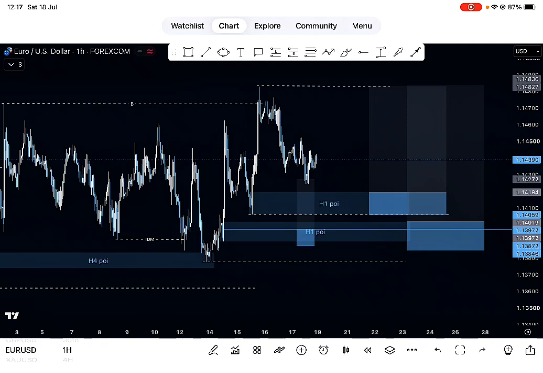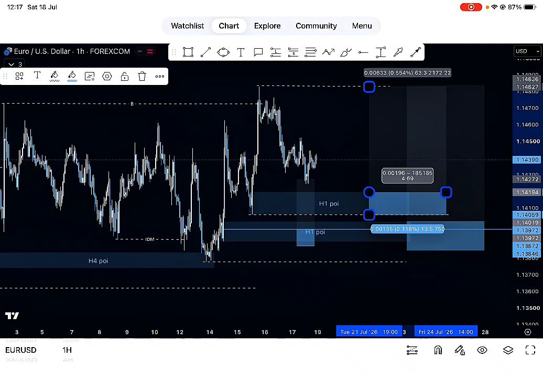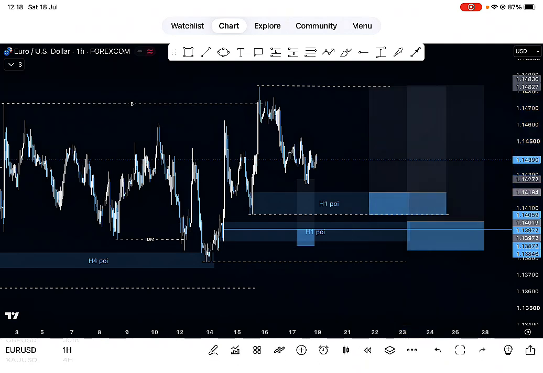What am I saying? Buying from this first H1 POI is good. It works. But for me to trust the POI more, it has to take liquidity, so that I can trust it more.